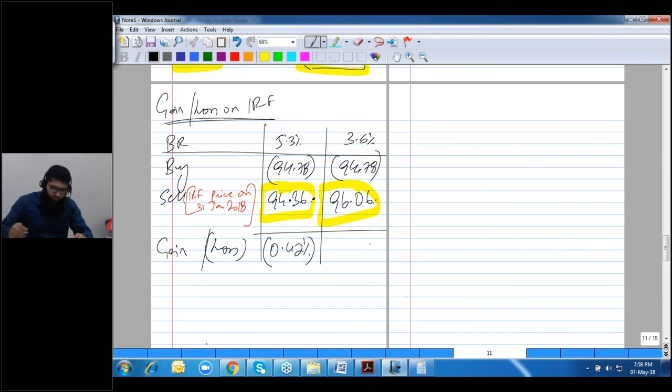And what about this other one, the 3.6? We have probably got a gain. How much is that gain? 1.28%. So 1.28% is the gain.